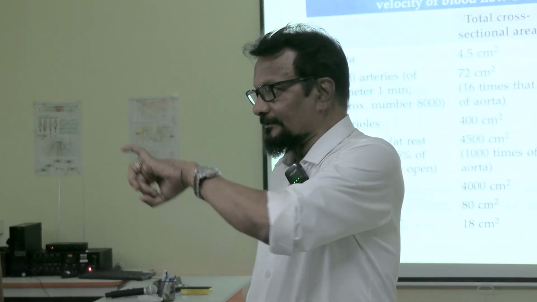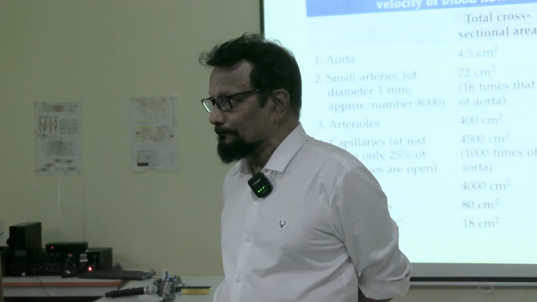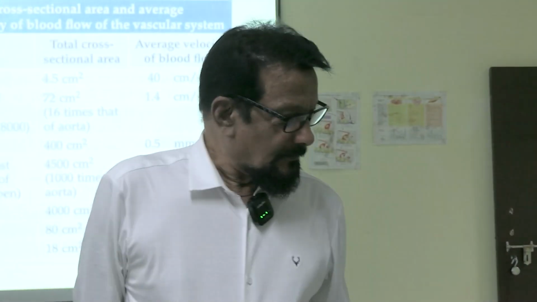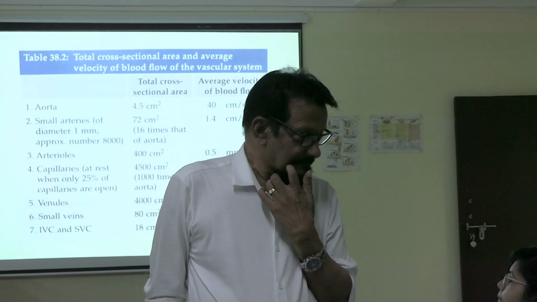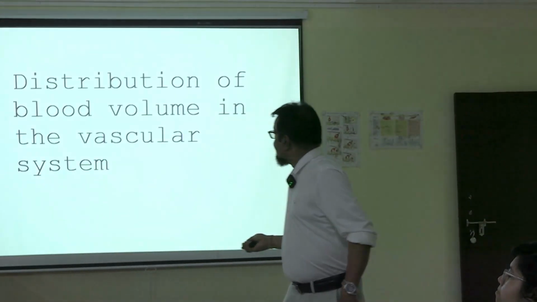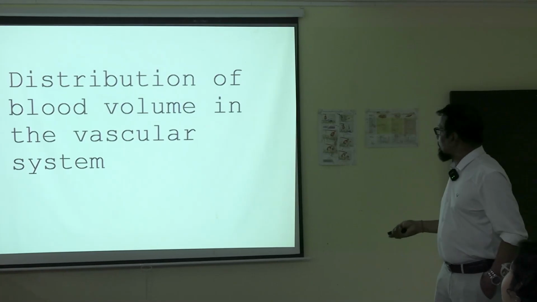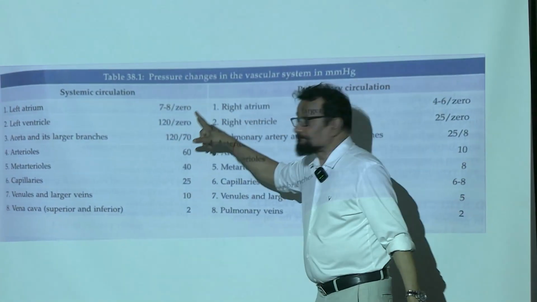It is gradually decreasing, no? Will the pressure be increasing or decreasing? Decrease. Why will it decrease? Okay, you are right. See how pressure is changing in the distribution of blood through the vascular system. What happens to the pressure?